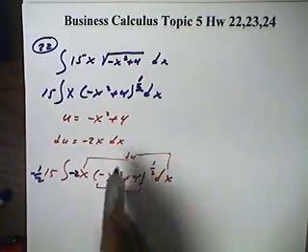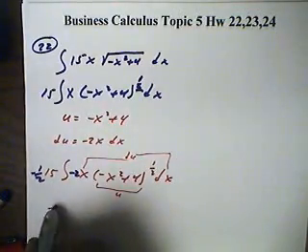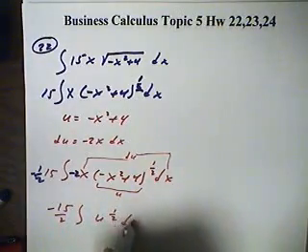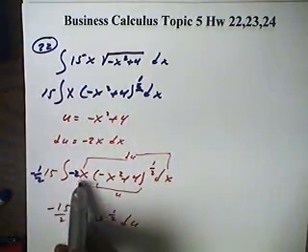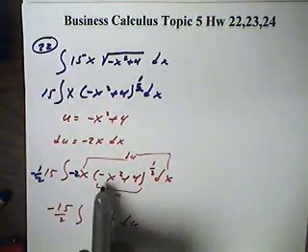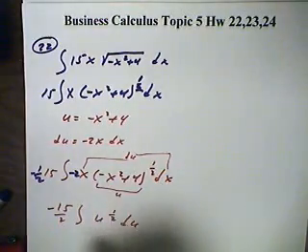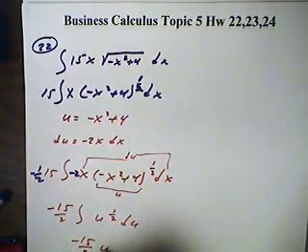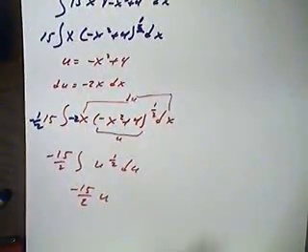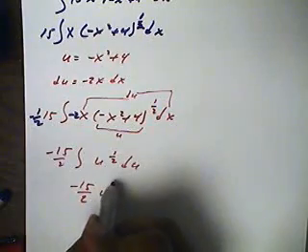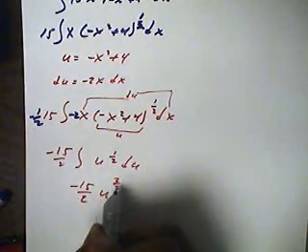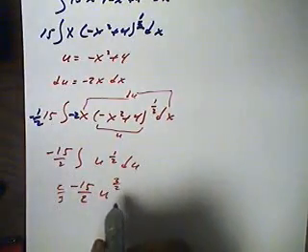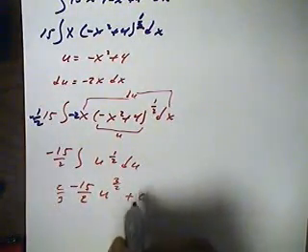Okay, it matches here. So what we have is negative 15 over 2 and u to the 1/2 power du, because the negative 2x and the dx have all become du, and this whole piece right here has become u. Now when I take the antiderivative, add 1 to the exponent, we get 3/2, and then the reciprocal of 3/2 is 2/3, plus c.